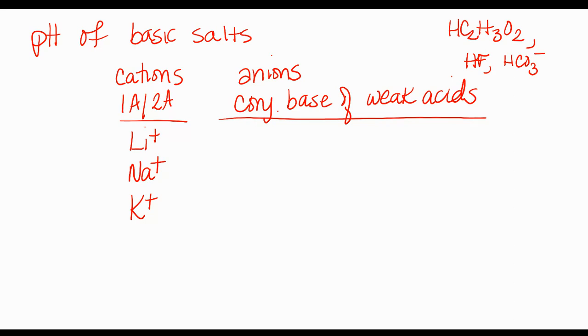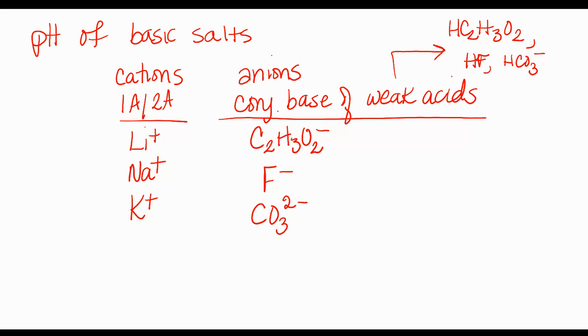If you're not sure what I mean by that, you're going to need to go and look over again the PowerPoint on polyprotic acids. So these are just some good examples. So their conjugate bases of these weak acids would be acetate, fluoride, carbonate.